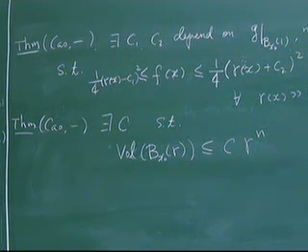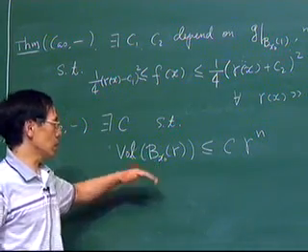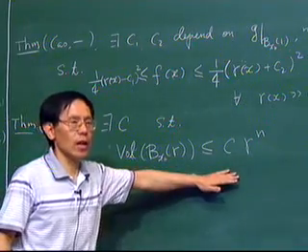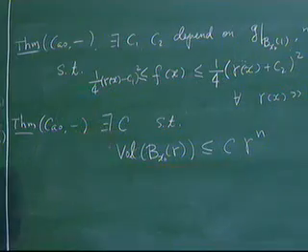Again, the volume behaves something like R^n, exactly like the classical example of the Gaussian soliton.